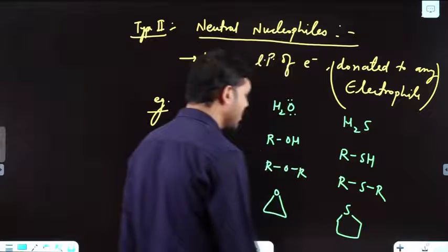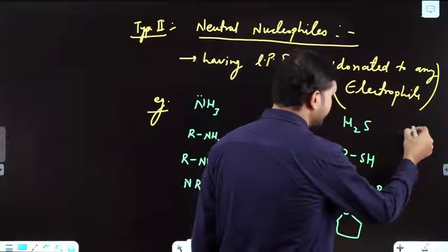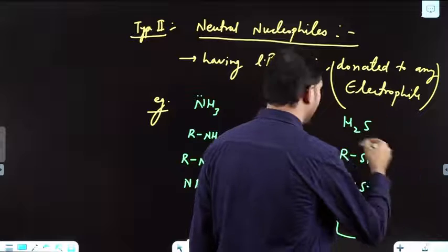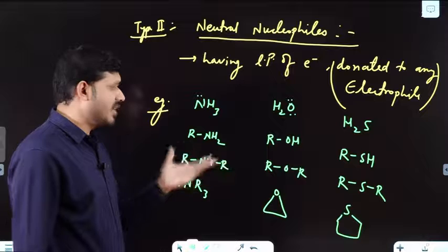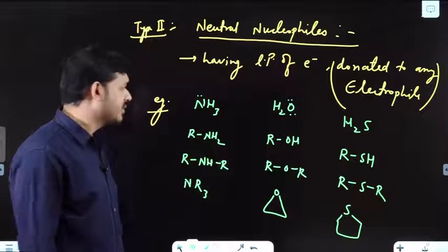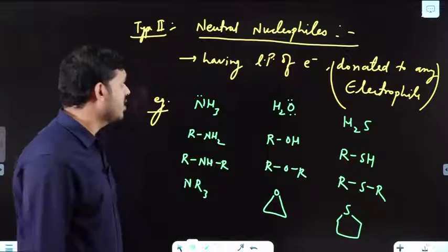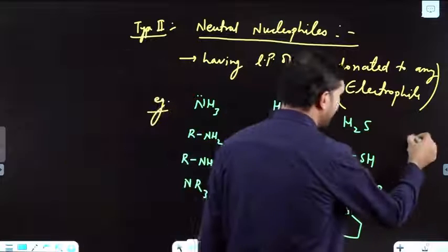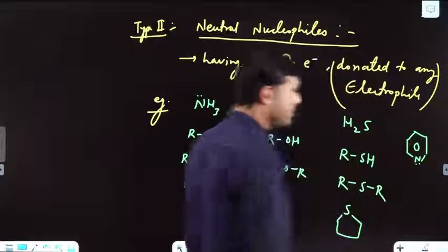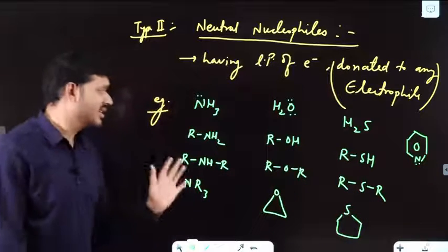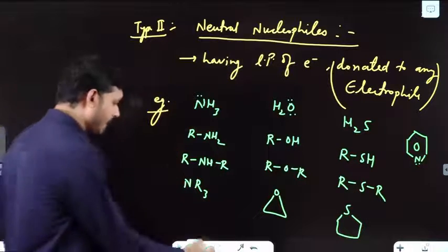These all cases. Okay, now if I say lone pair carrying groups, then all possibilities I have mentioned here, most of the cases, right? Clear? So these are all lone pair having groups. If I say pyridine, one of the good examples of lone pair carrying nucleophiles. Clear to all? Okay.